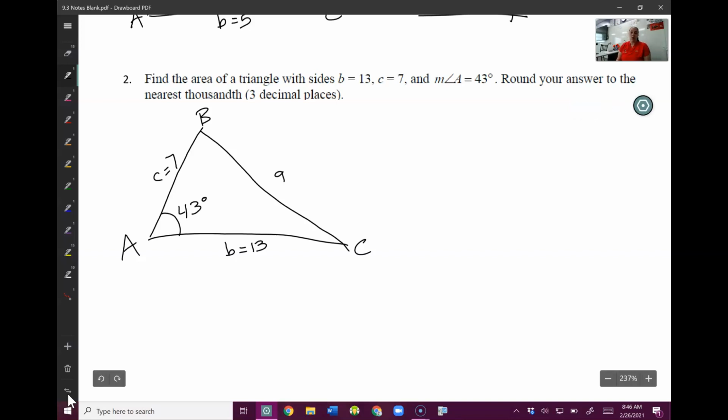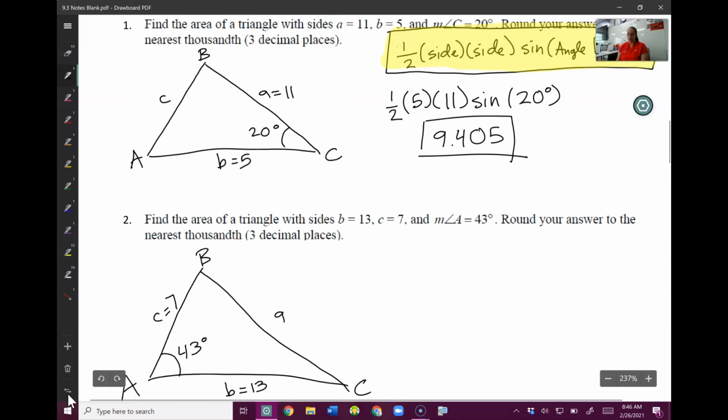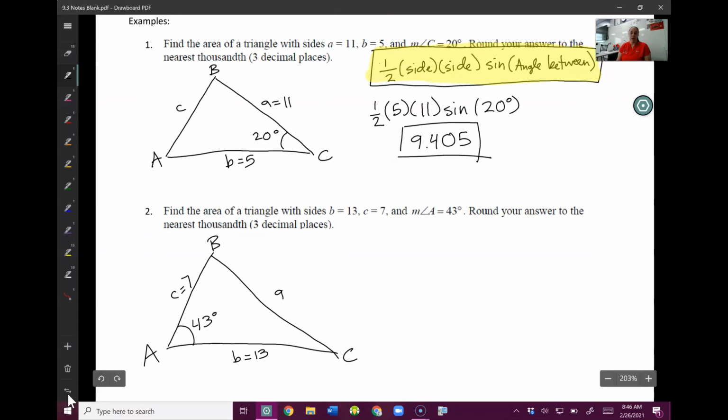So I want you to try this one on your own based on what we learned in this first one. So remember to check, make sure you have two sides and the angle between them, and then plug it all into the equation. So pause the video and try that out now.